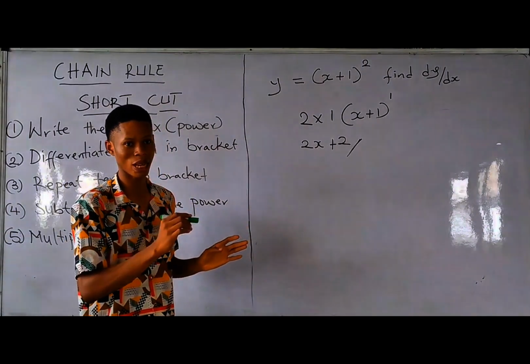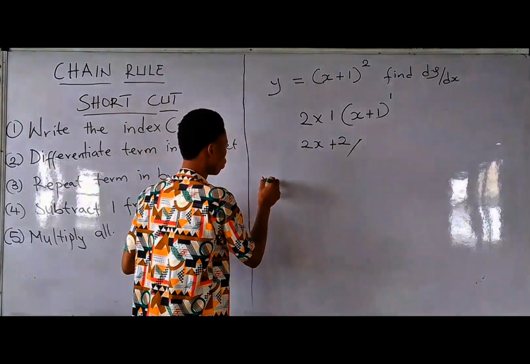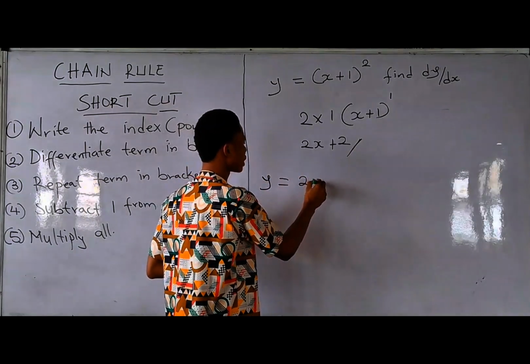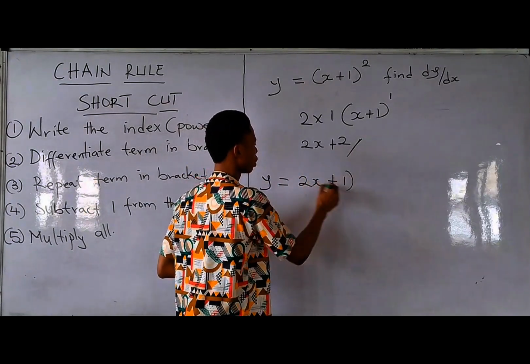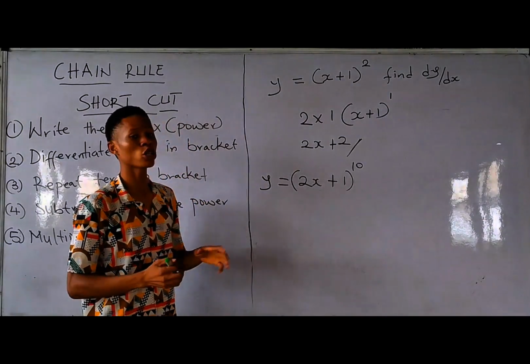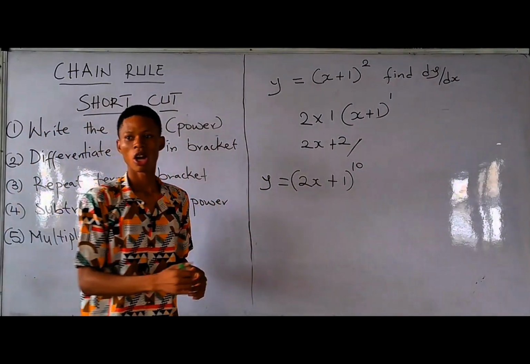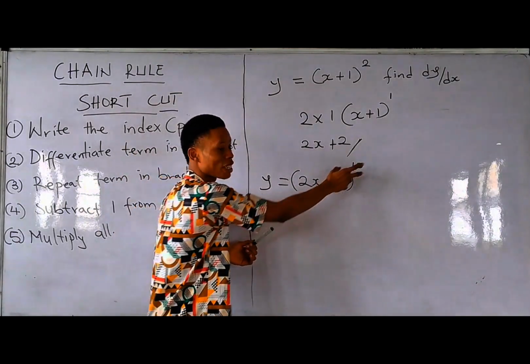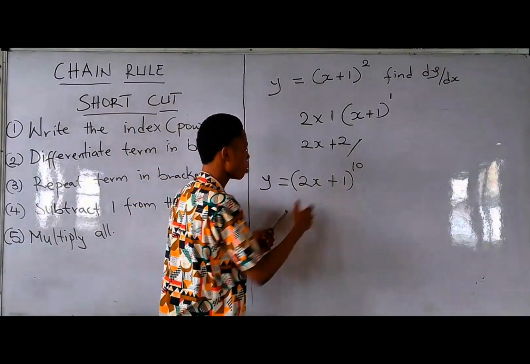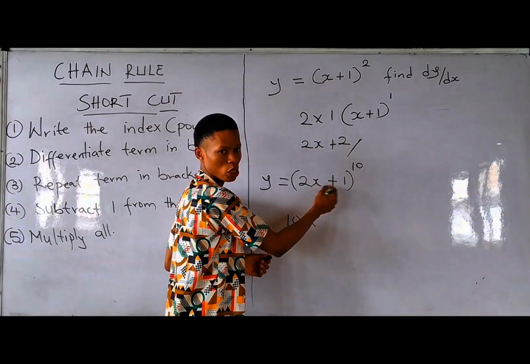Now let's take this other example, but now let's not follow the steps. Let's do it from what we know. y equal to 2x plus 1 raised to power 10. If you are given this in a multiple choice question, you don't need to let anything represent this. All you need to do is write down the what? The power. Once you see the power, write it down. 10 times. You differentiate what is in the bracket.